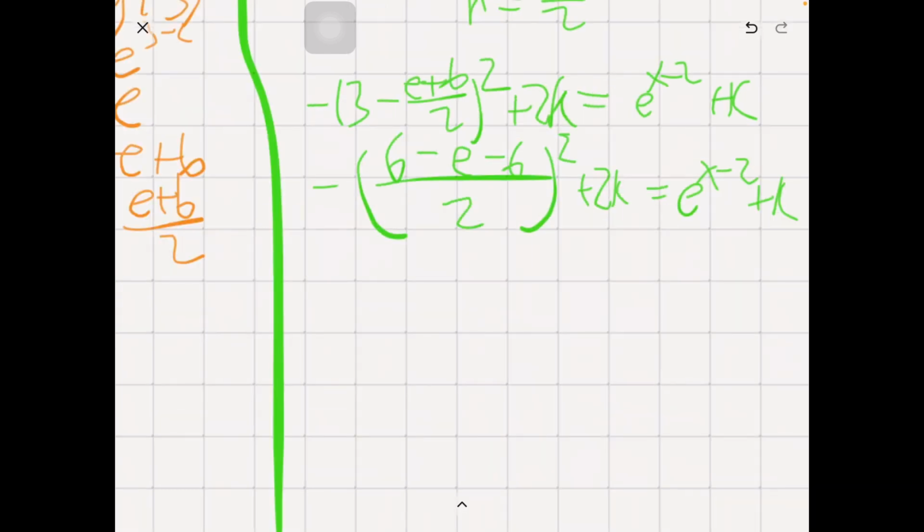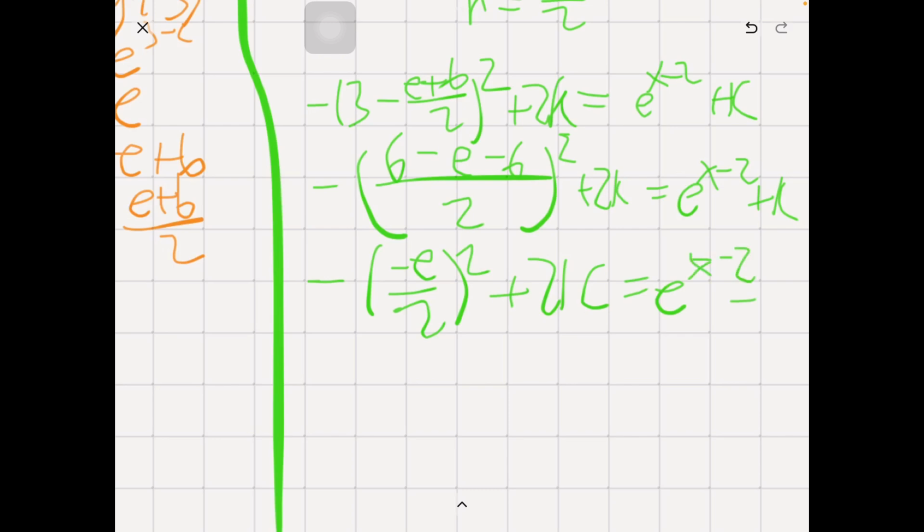Now the inside 6's will cancel out, and it will just become negative (e over 2) squared plus 2k equals e to the x minus 2 plus k.